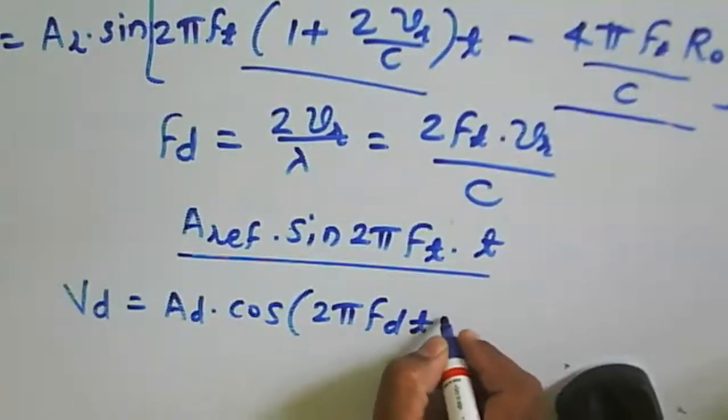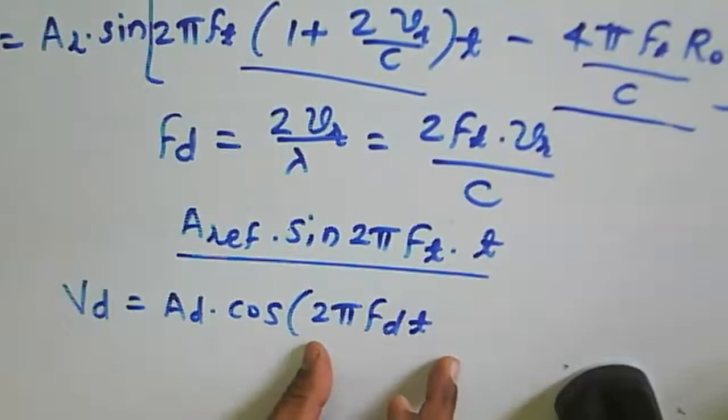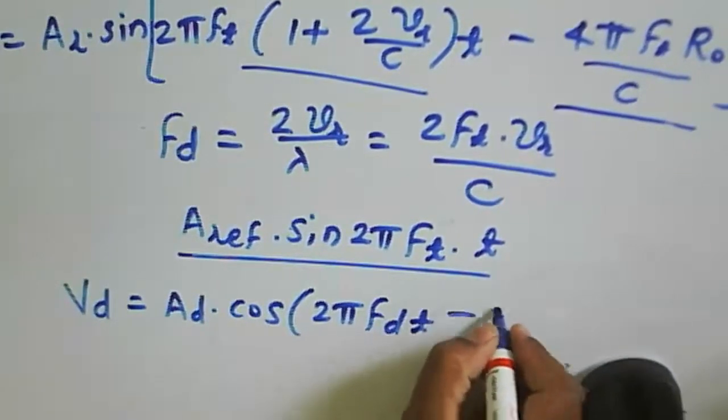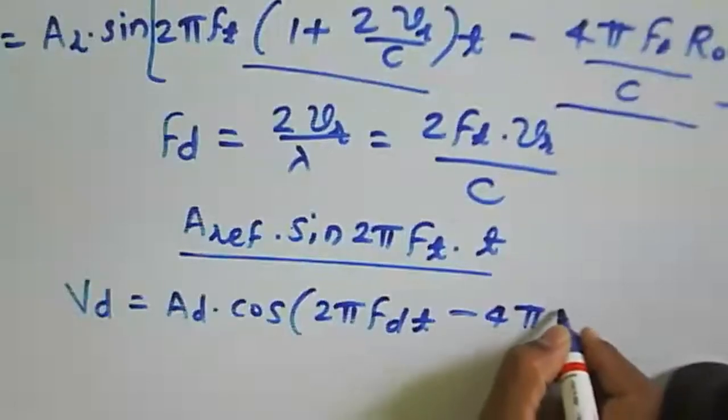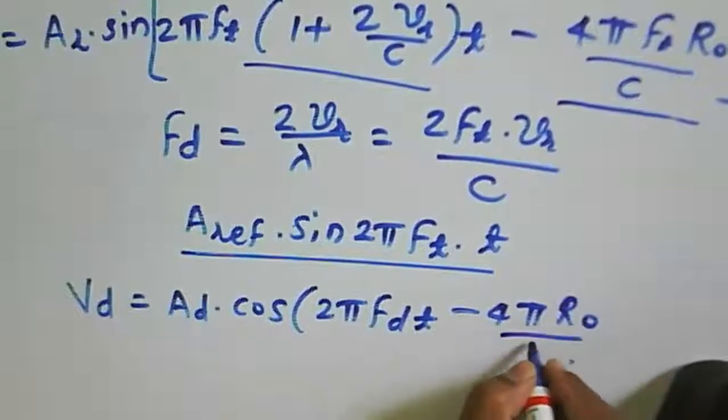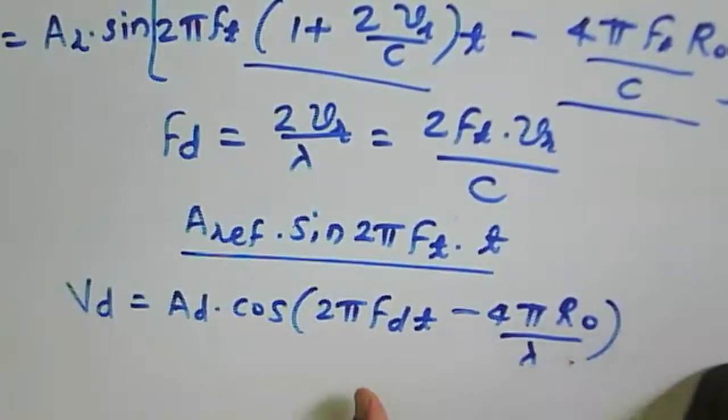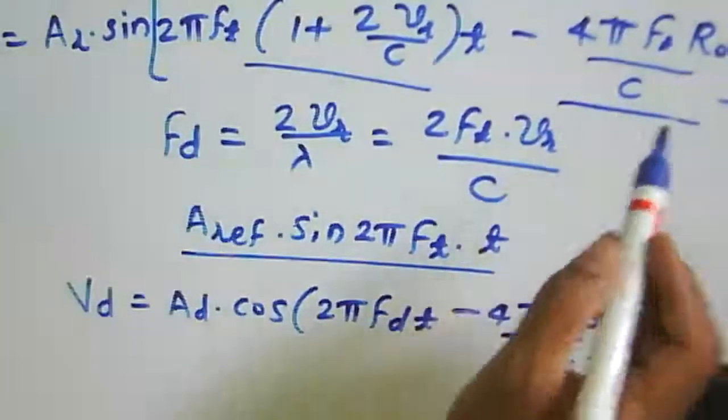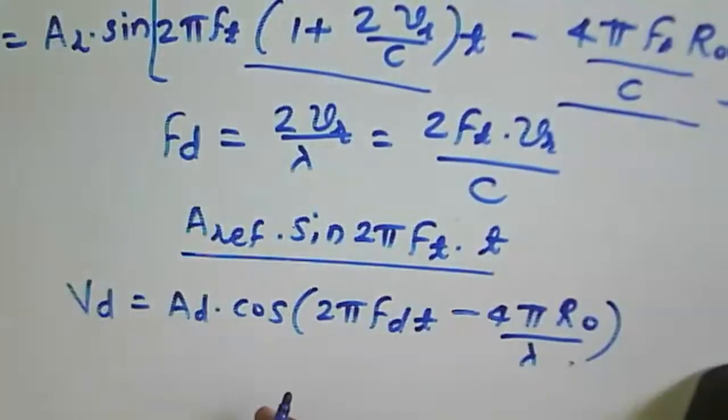So this is your fd t minus 4 pi R0 by lambda. That is about the receiving.